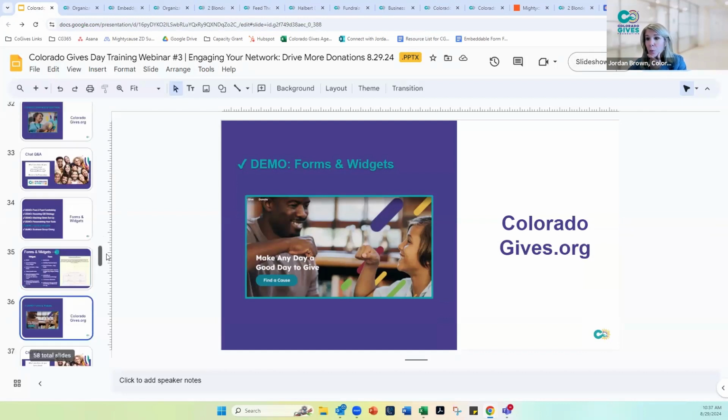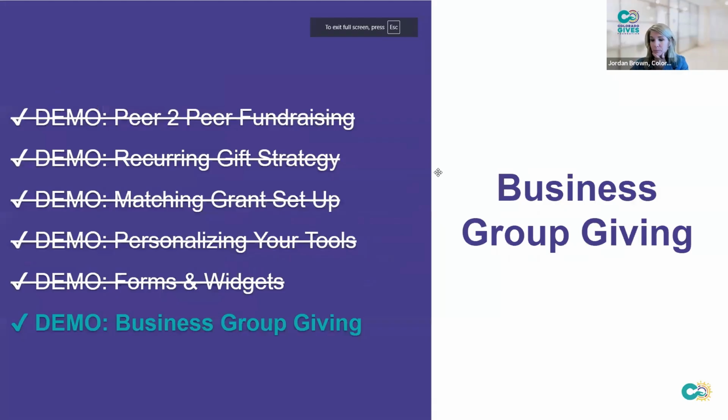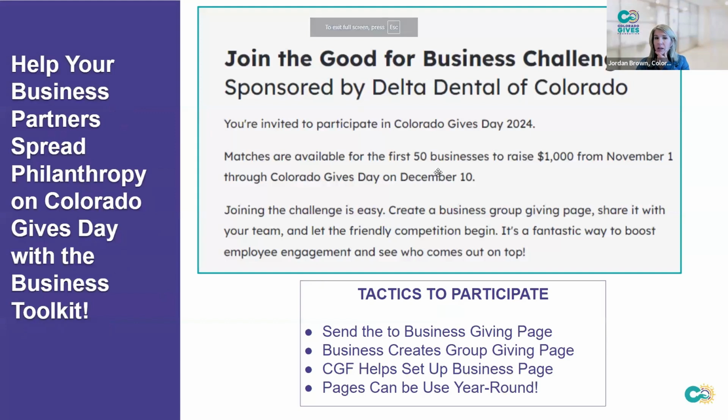When we are talking about business pages, we are talking about group giving pages. As a reminder, businesses can come to Colorado Gives anytime throughout the year. We are compelling businesses to come to participate for the Good for Business Challenge. And so what that means is businesses can come to the table, they can create a page in a couple clicks.